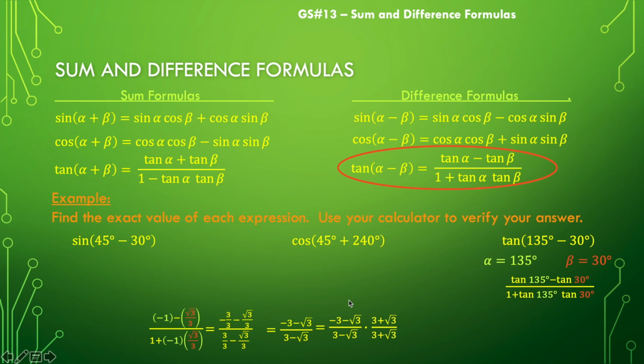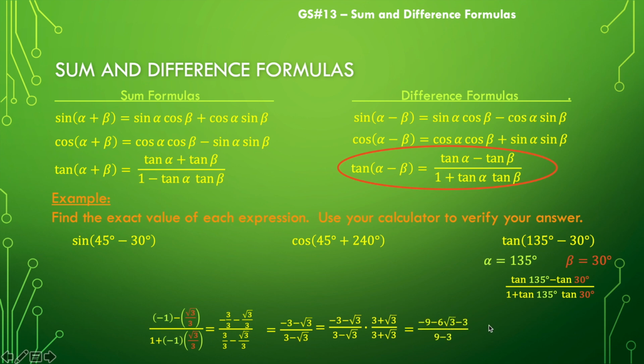Now on the top, we have something slightly different because our signs are a little bit different. We have -3 times 3, which will be -9. -3 times rad 3, which is -3 rad 3. Negative rad 3 times 3, which is another -3 rad 3. And then finally, -3.